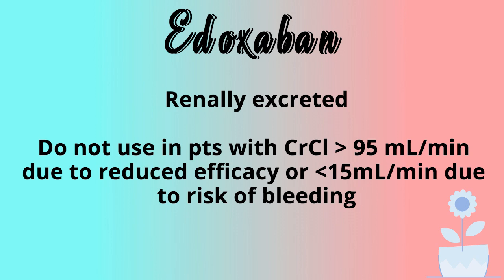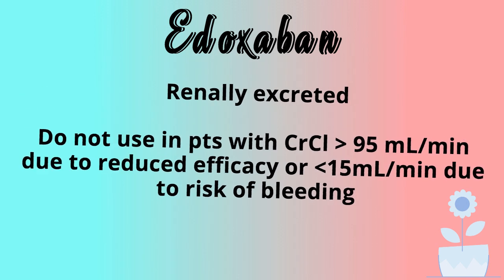That is because the studies have shown that it has reduced efficacy in those patients; they clear it too well, and so they don't have the sufficient anticoagulation coverage that they require. So that's really important to know, both of the cutoffs, and make sure that patients with creatinine clearance greater than 95 or less than 15 are not getting it.